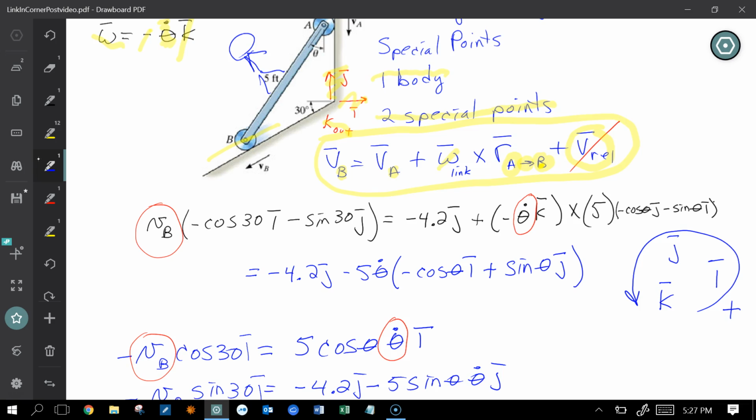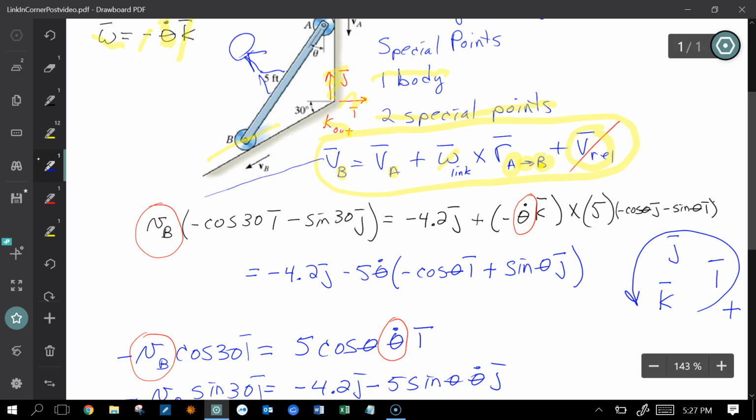Okay, so now I'm just going to plug numbers in. So the velocity of B. Well, the velocity of B is a speed that I don't know, little VB, but I do know that it's pointed down this incline. So I know it's headed down this direction. And so I put that in as a vector.